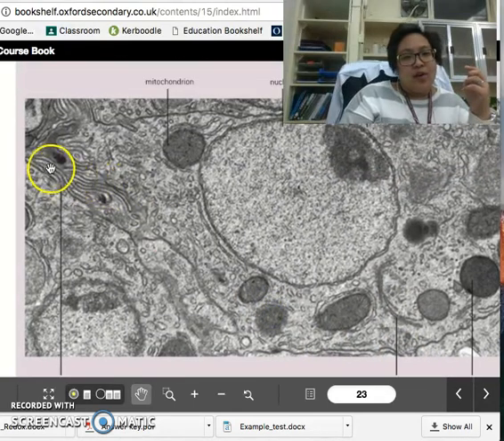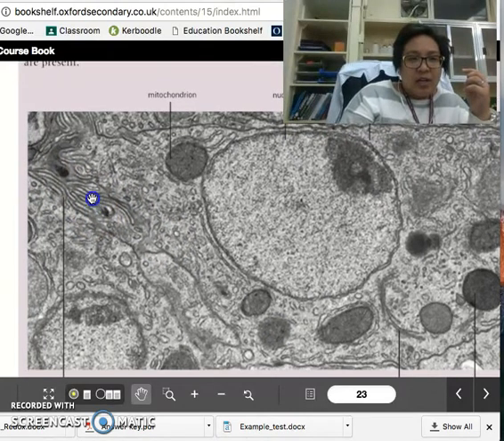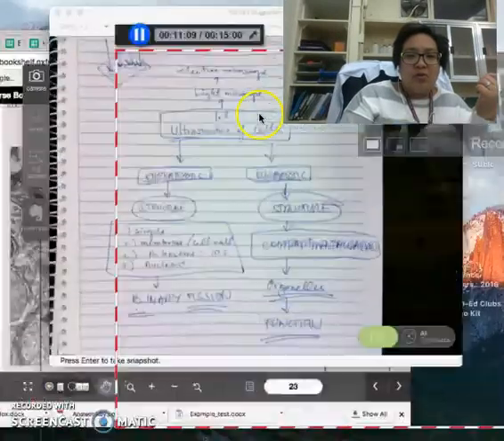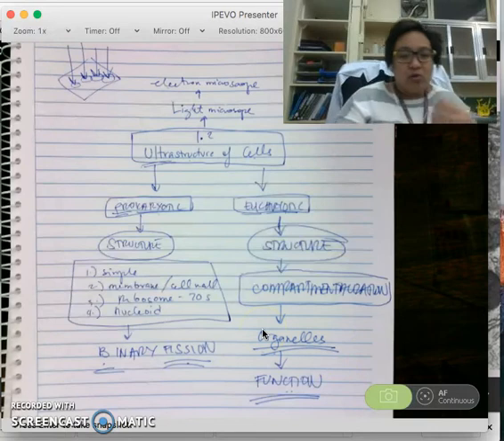And you have here another flap of membranes. It's not as clear if it's RER really, but you make the judgment call. So remember, what you need to study here are the different functions of your organelles, and at the same time how these organelles would look under the electron microscope.